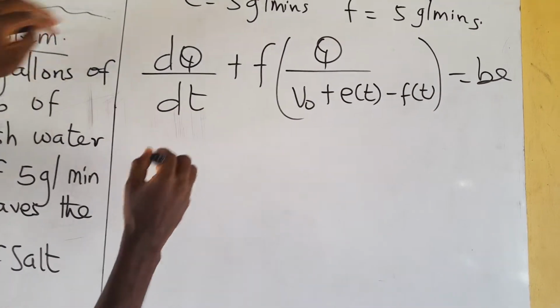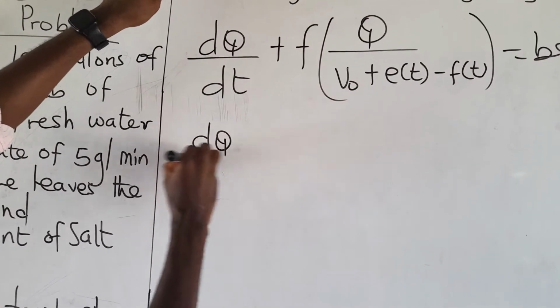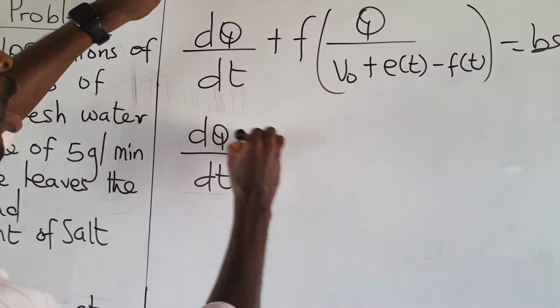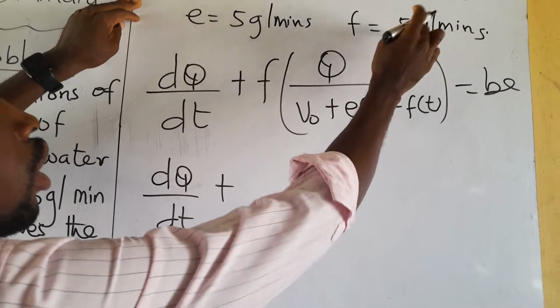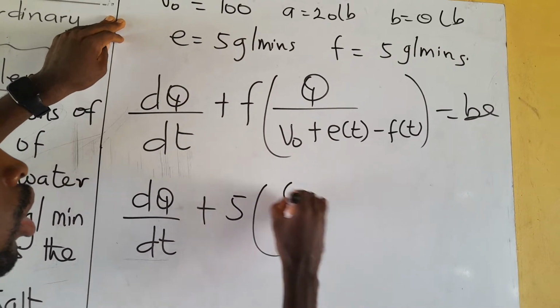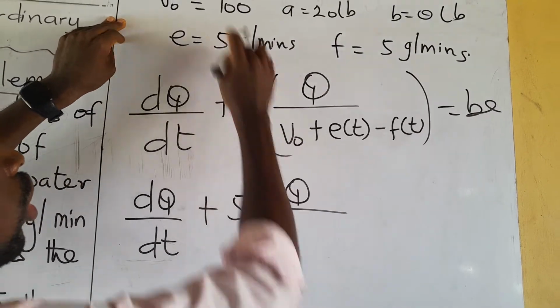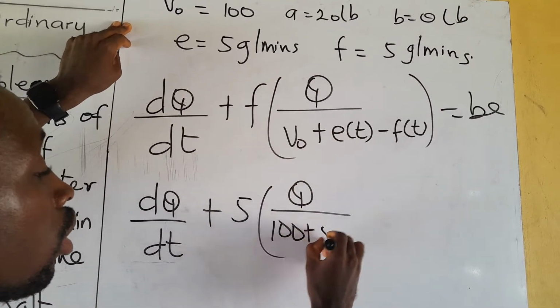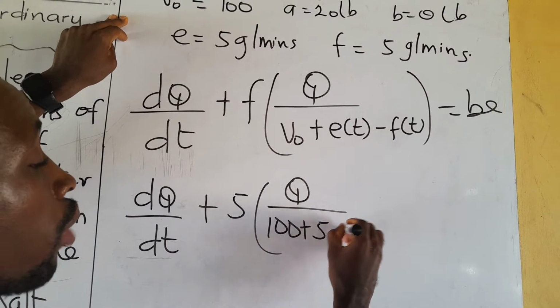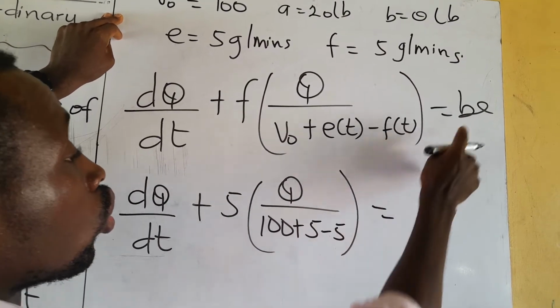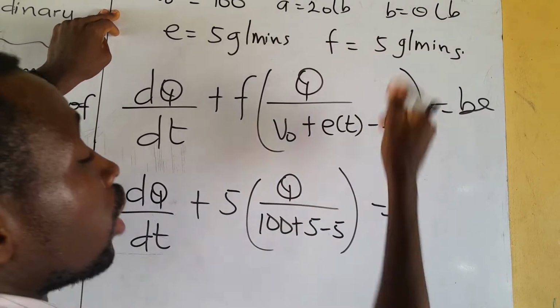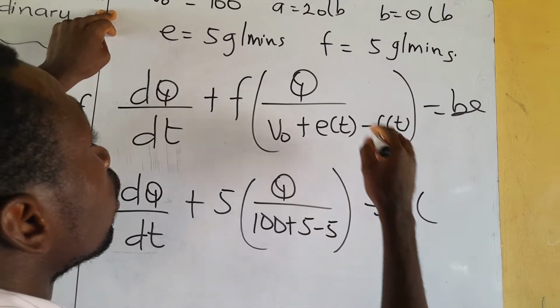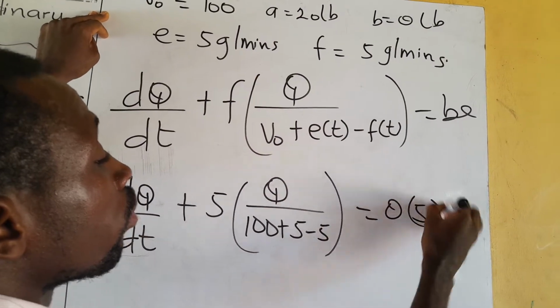So we substitute. Our dQ over dt, our F is 5, so 5 times Q over V naught, 100. E is 5, F is also 5, so minus 5, is equal to our B, remember, is 0, so 0 times our E, which is 5.